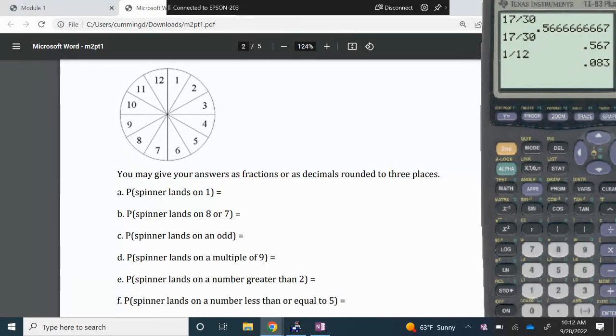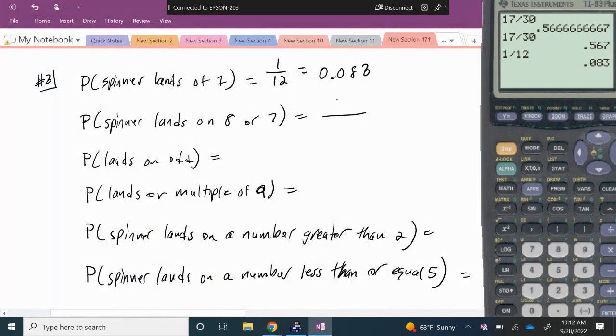Okay. So we're not actually adding up the numbers, we're just looking at, can you all see that? We're just looking at how many spots the 8 occupies, or how many spots each number occupies. So there's only one choice of 8, only one choice of 7. So that's 2 over 12, which is 0.167.